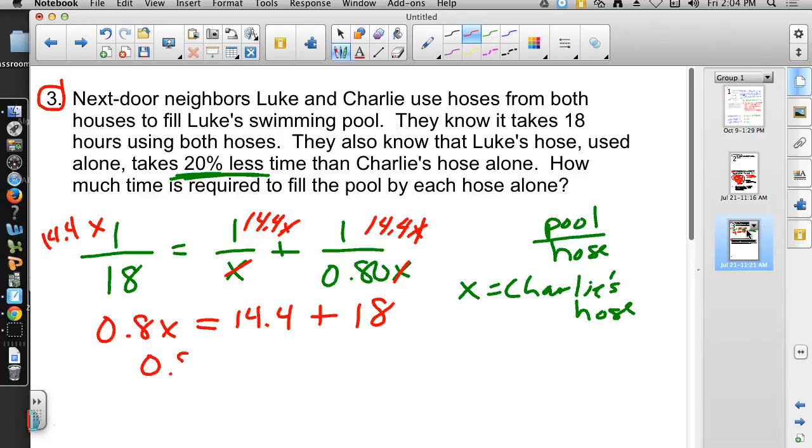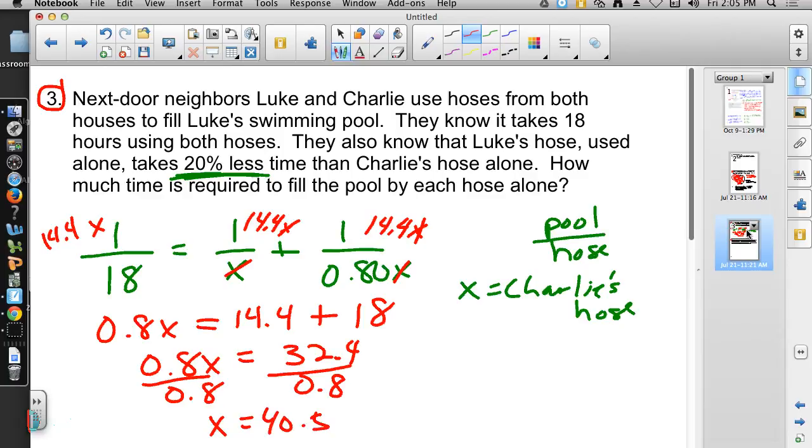And then we go ahead and add those two numbers together and get 32.4 and divide by 0.8, and x is 40.5. So 40.5 hours was, remember, Charlie's hose.